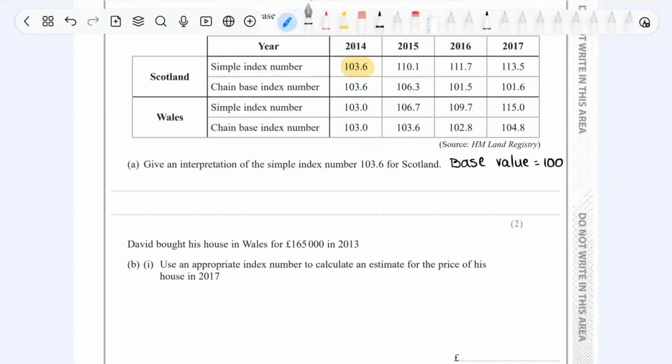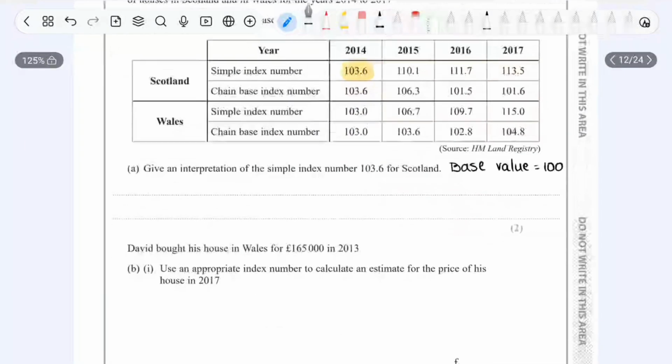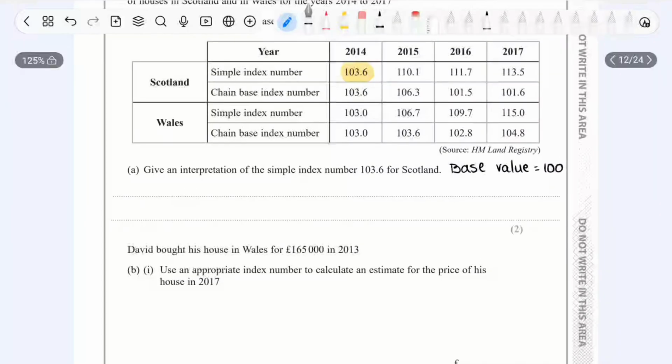So 103.6 is relative to 100, and we're told our base year is 2013. So if 2013 is the base year and 2014 is obviously a different value, then whatever the difference is from 103.6 to 100 is the difference from 2014 compared to 2013. So we can write this and we can see comparing 103.6 to 100, you can see there's a difference of 3.6.